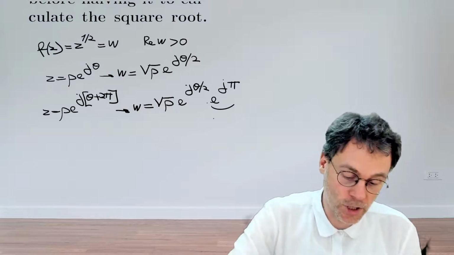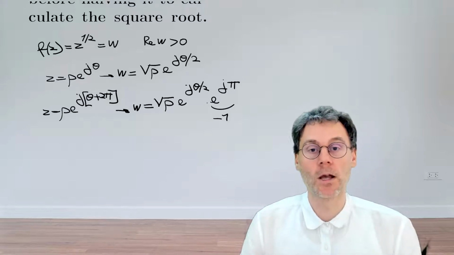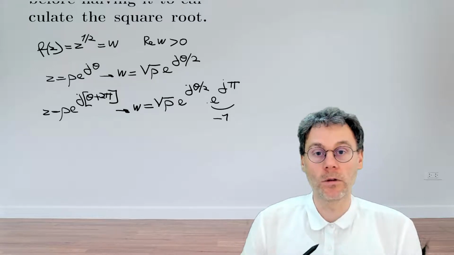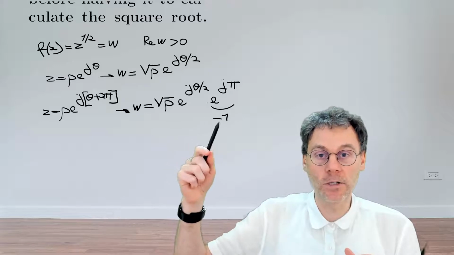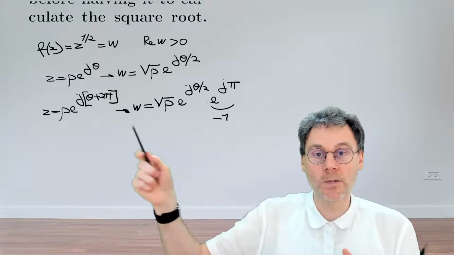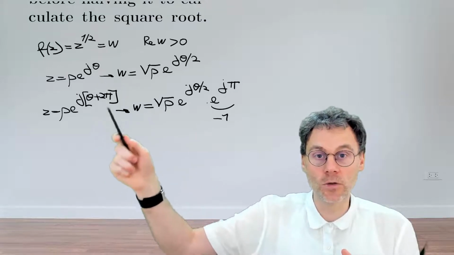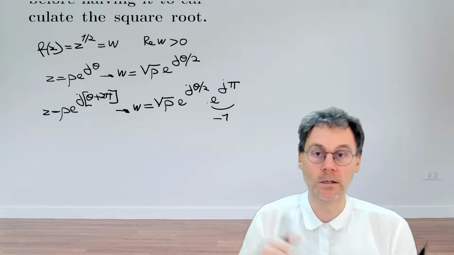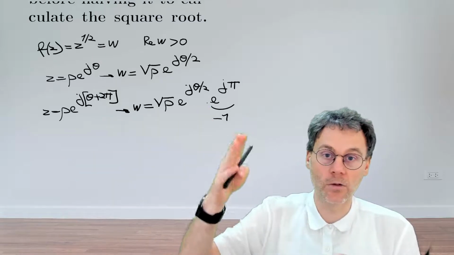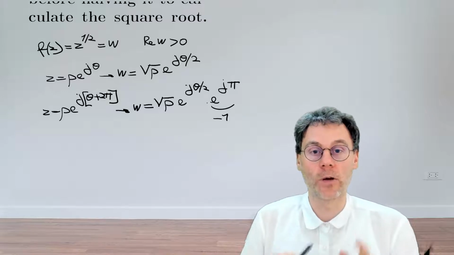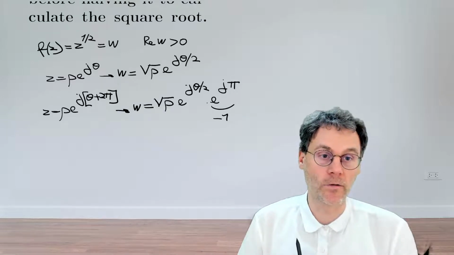And this exponential j pi is, of course, -1. So here you clearly see that the reason this second solution appears with a minus sign is because we have the freedom to also add 2 pi to the argument in the z-plane. And then if you just calculate half of the angle, we end up with a pi phase shift with a factor of -1.